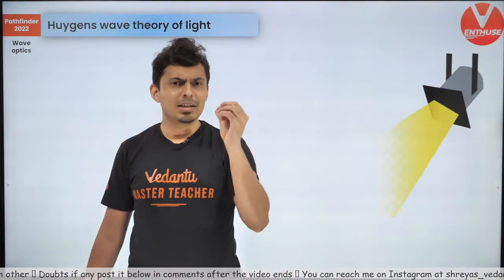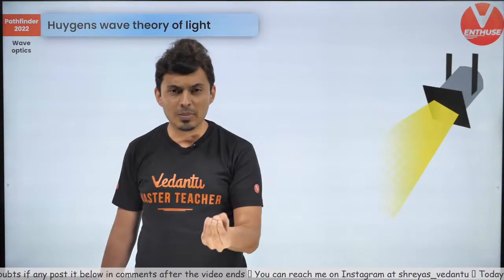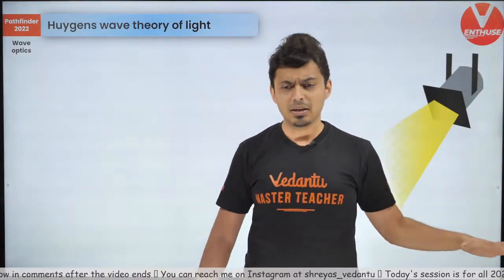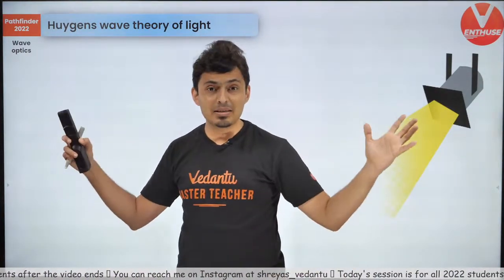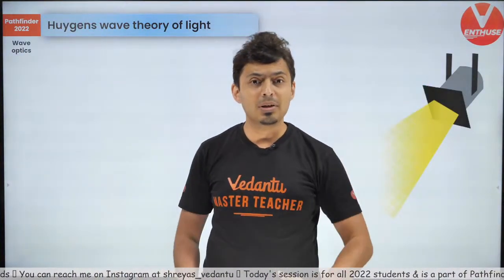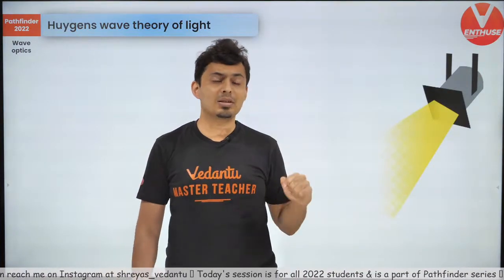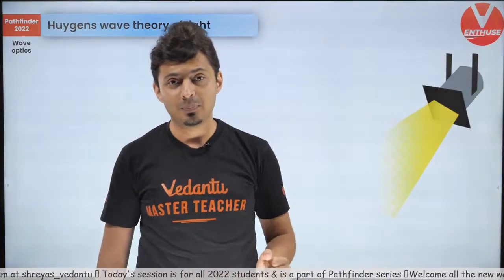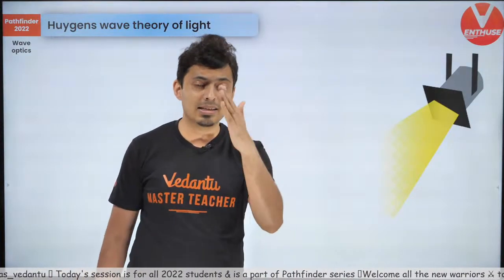He said light needs a medium called ether, which is there everywhere: here, in space, under the ground, in the ocean, in our atmosphere, even in a distant solar system. So light needs a medium to travel, and he named that medium ether.